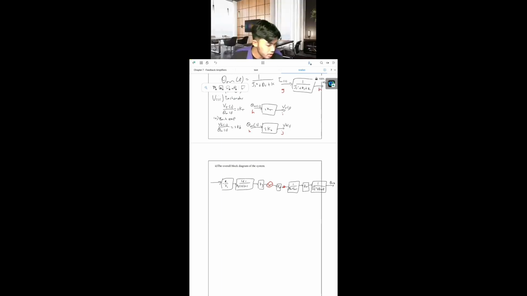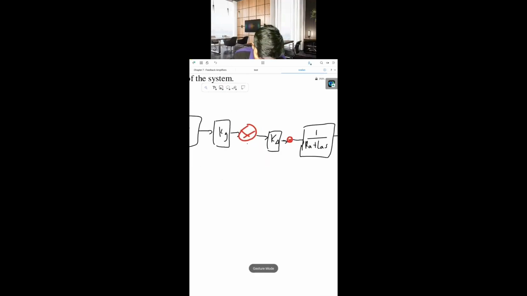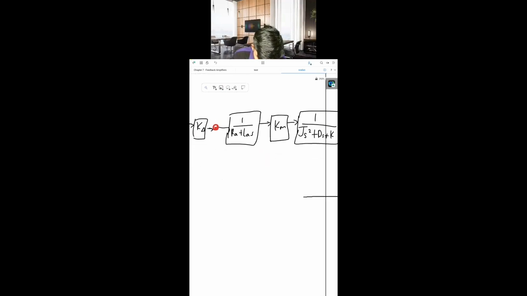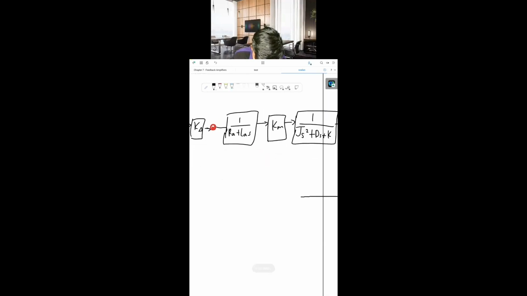We start drawing the feedback for the back EMF, which is s K_B, to the summing point here, which is negative, and this is positive.